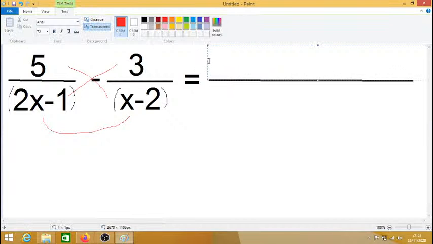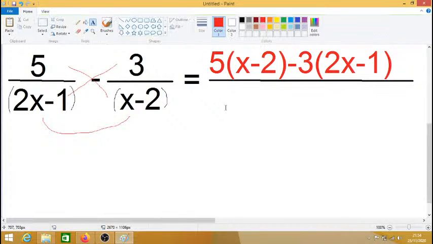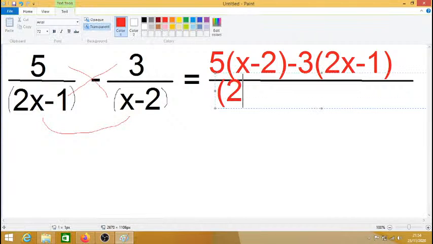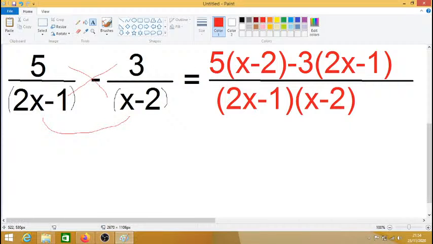And then work left to right, and it's 5 times the x minus 2, minus the 3 times the 2x minus 1. That's your top. And then the smile telling you what to put at the bottom. So hopefully the beginning of your working out should have looked something like that.